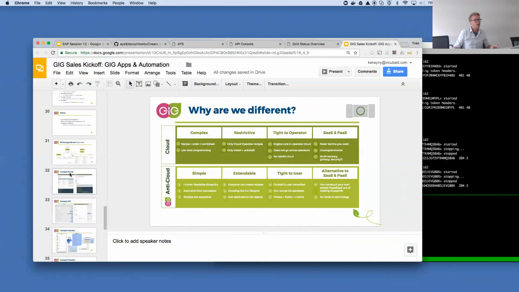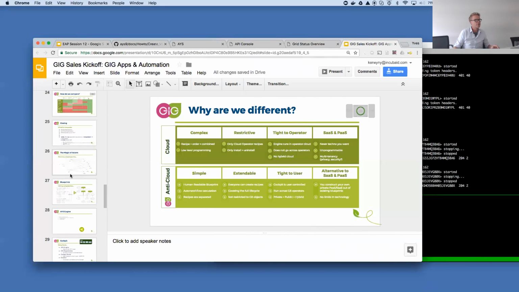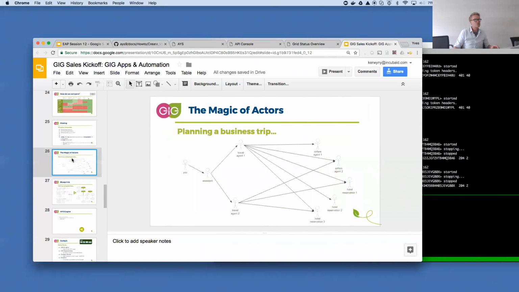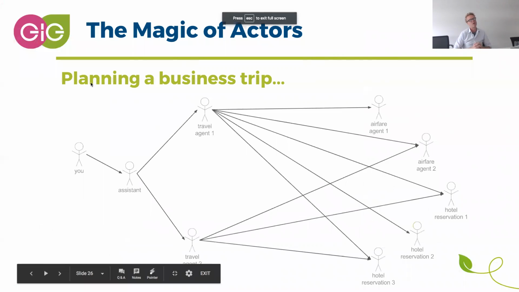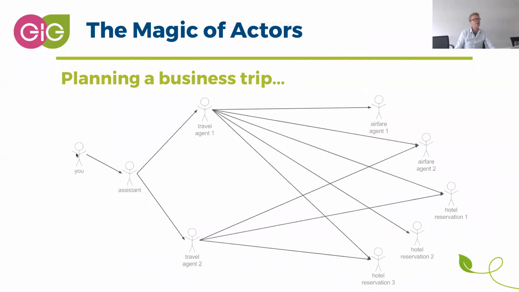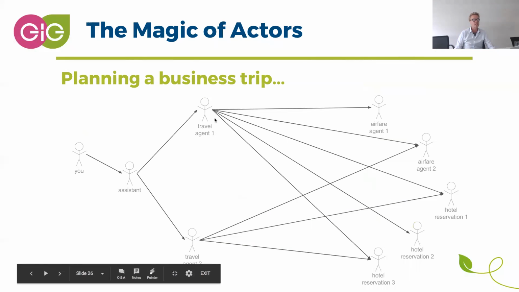Before I go to the actual demo, let me see whether there are still some things to explain. Maybe this, I always like to explain a little bit: where the idea of actors, or AYS, comes from. I have another metaphor I've created here. If you want to do a business trip, you typically talk to an assistant, or you could do it yourself. The assistant then will need to talk to one or maybe more travel agents.